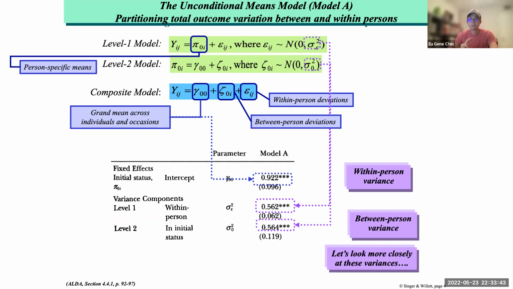The level 2 submodel stipulates that the estimated true change trajectories may differ in their elevation compared to the average elevation across the population. The average elevation across the population is represented by gamma subscript 0,0. And then zeta 0i represents the deviations of each person's change trajectory from this population average trajectory.